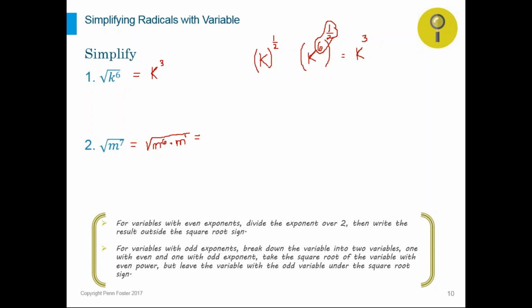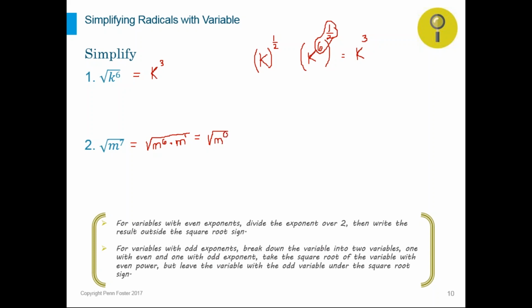So when I break down my variable that has an odd number, I'm going to have an even exponent and an odd exponent. From the rule of radicals, when you have two elements multiplied under the square root sign, I can distribute the sign over each one.